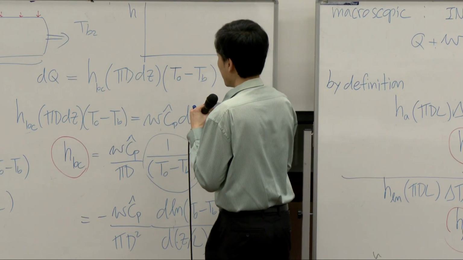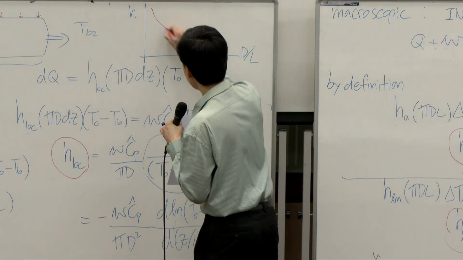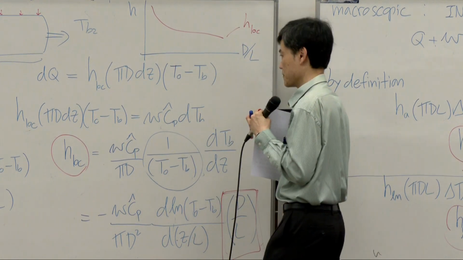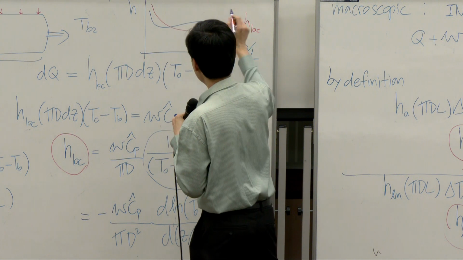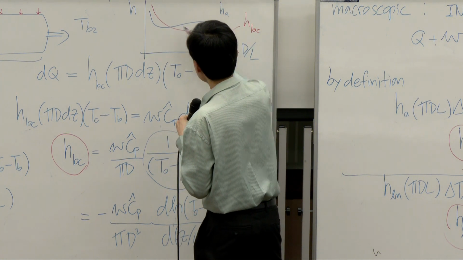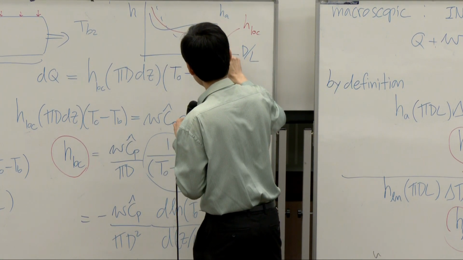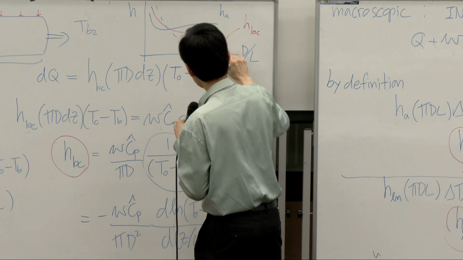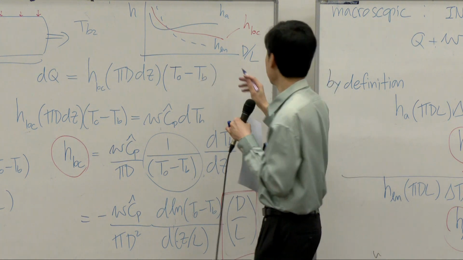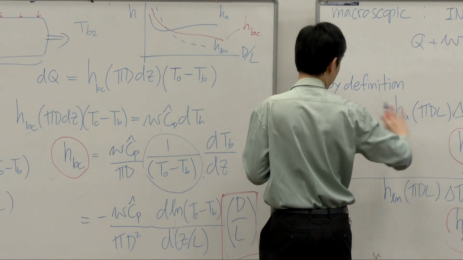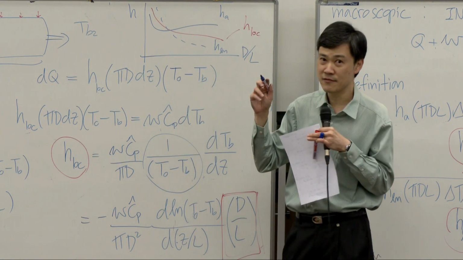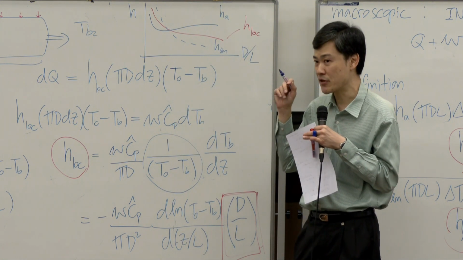So I should have the red line somehow for H local, and the blue line, whatever it would be, for HA, and another one for H log mean. And of course, if you do it for the complete set of equations, you have the third one for H1, for inlet mean temperature. Okay?